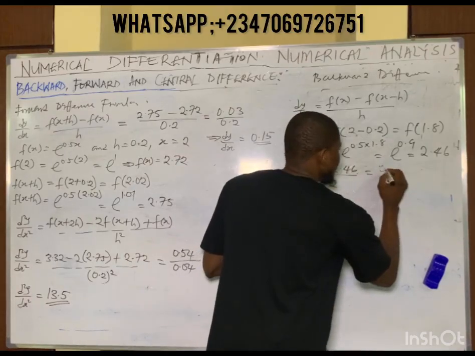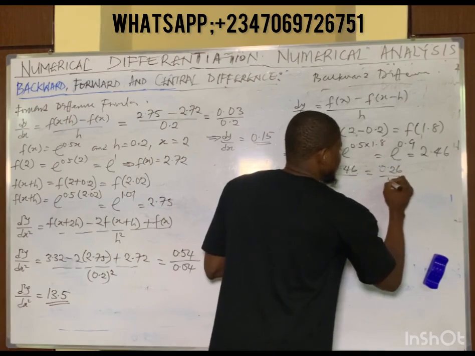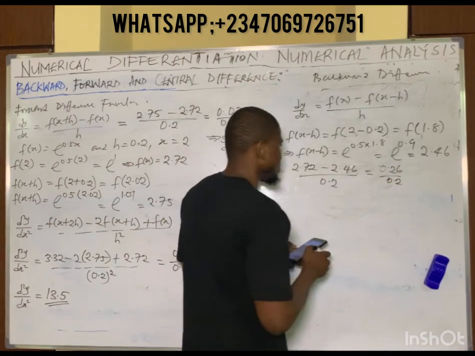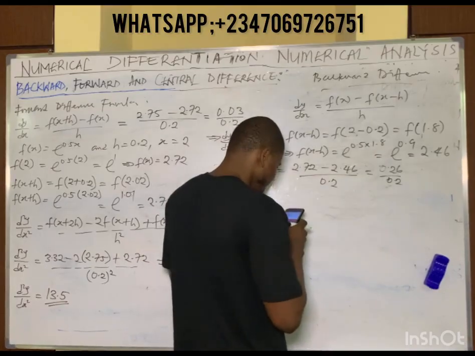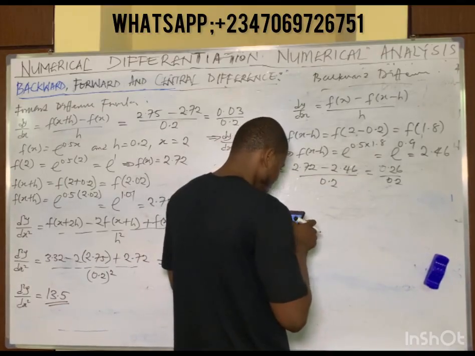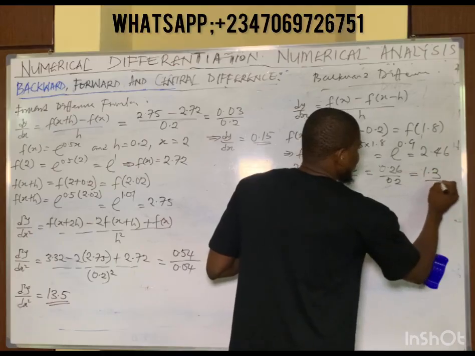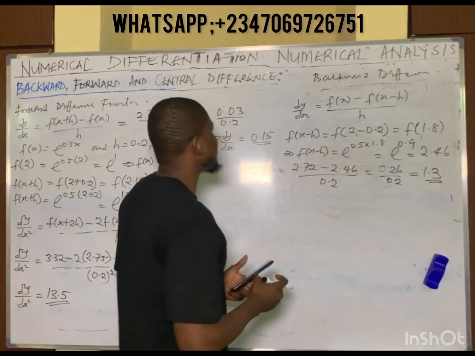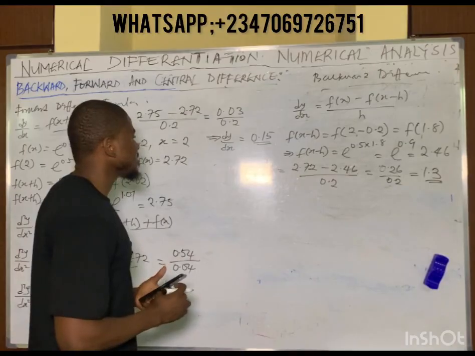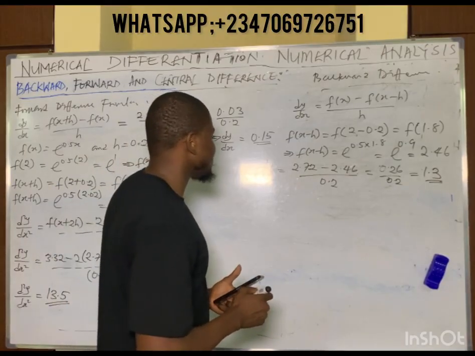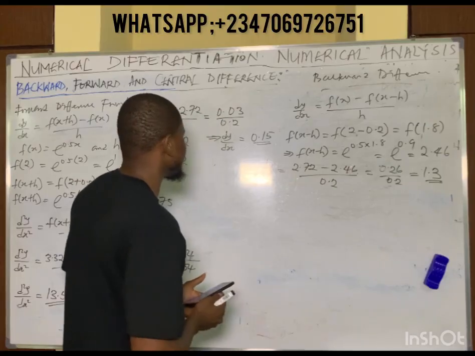That gives us 0.26 divided by 0.2. That simply gives us 1.3. So using the backward difference formula, the approximation of the first derivative is simply 1.3.